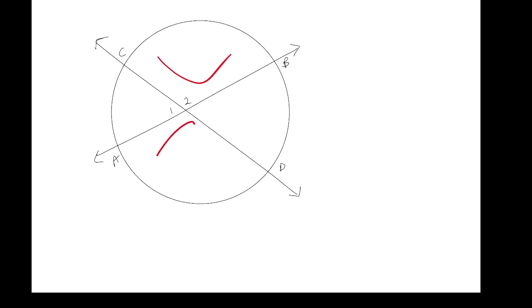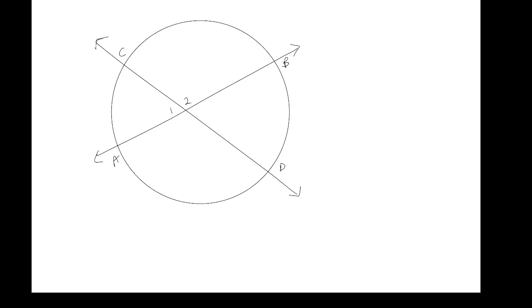We have an angle here and here that are going to be vertical angles, and angles here and here that are vertical angles. So those angles are going to be congruent to each other, okay? What we do need to find is what 1 is and what 2 is, because if I know 1 and 2, I know those other 2 angles that are created inside of the circle due to the nature of vertical angles.